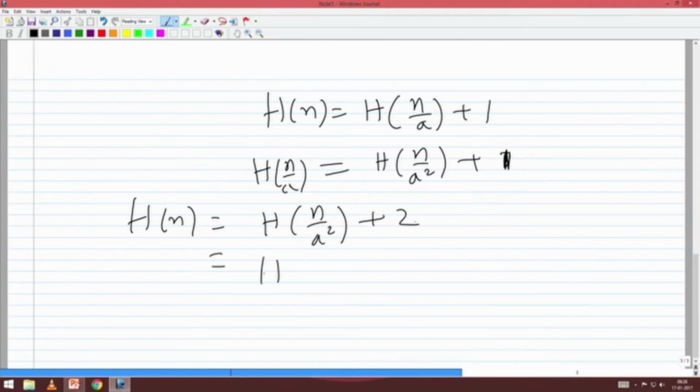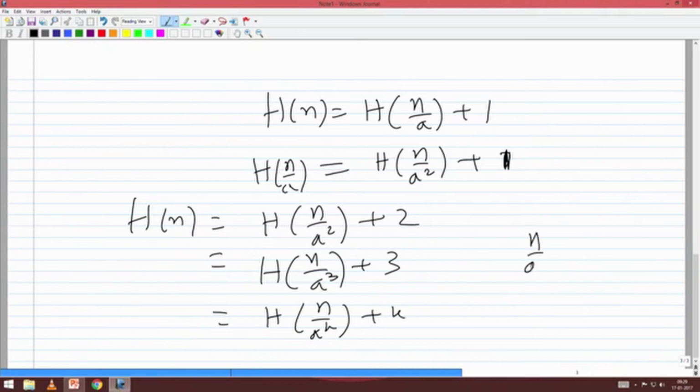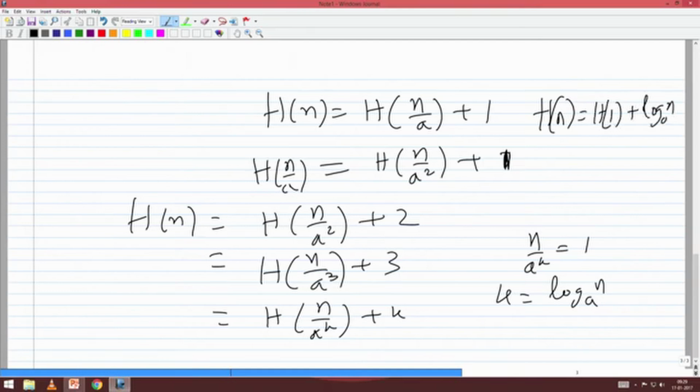So like this we can say that it is H of n by a cube plus 3. So H of n by a power k plus k. When will this stop? When n by a power k equal to 1 or k is equal to log n to the base a. So H of n is H of 1 plus log n to the base a.